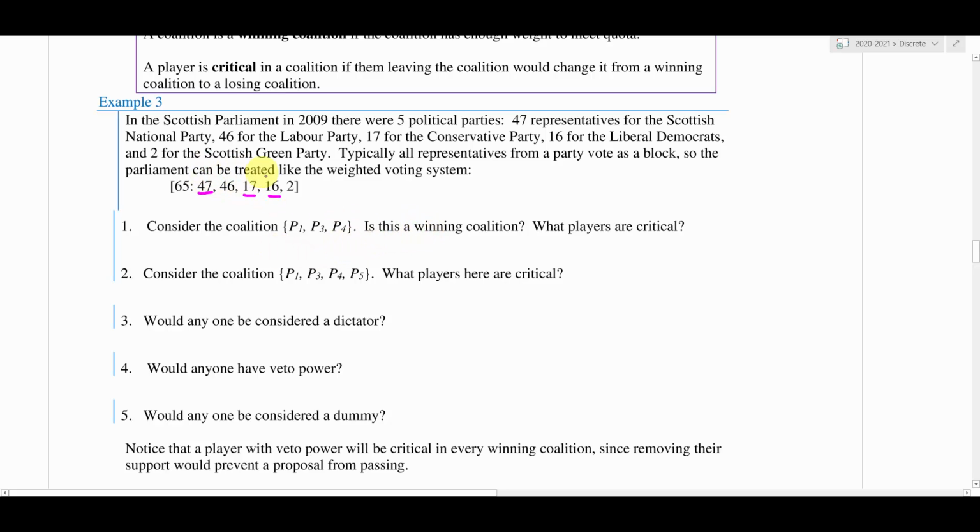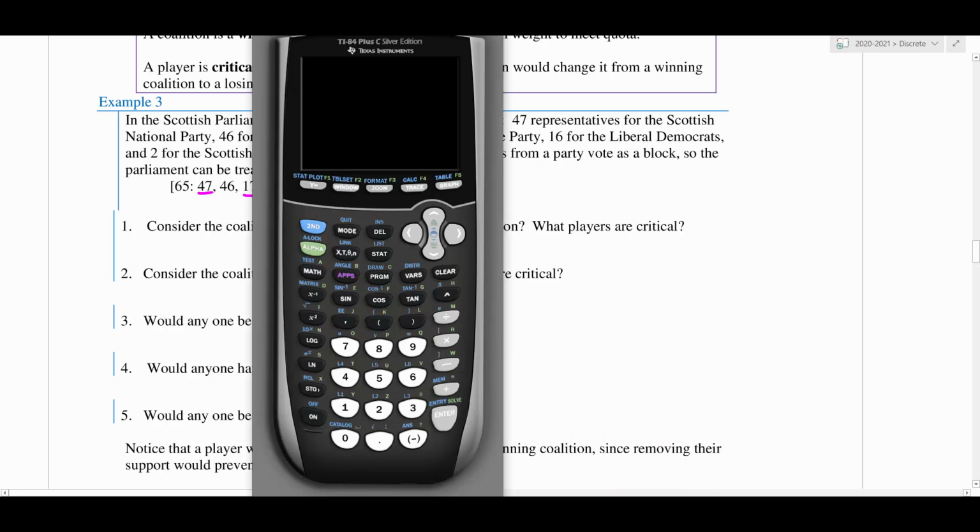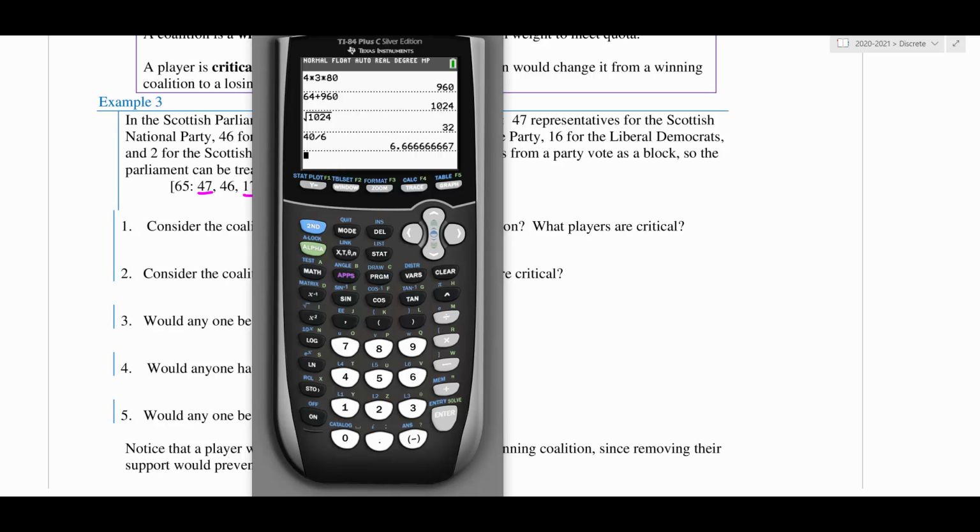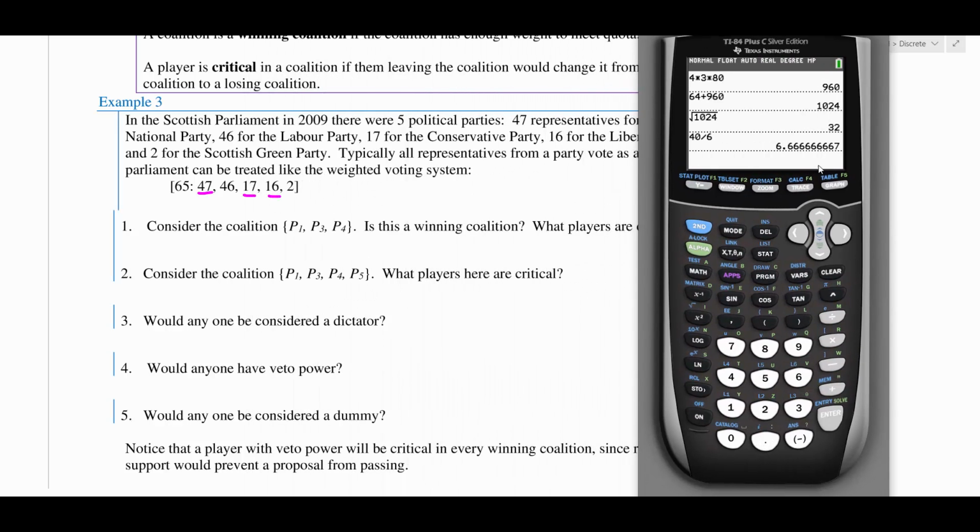Well, I need to add up their weights. Right? So I'm going to grab my calculator here. And I'm going to add that up real quick and see if they are able to reach quota within their coalition. Okay, so we're going to do 47 plus 17, and plus 17.